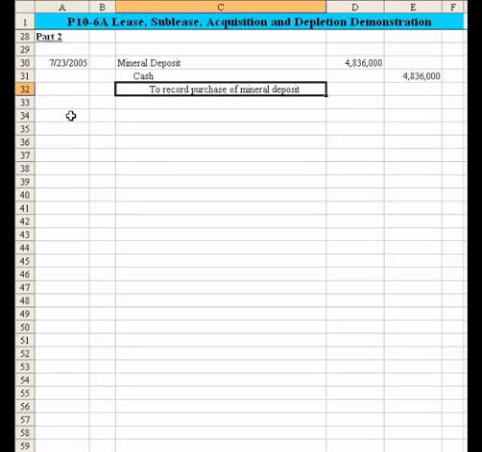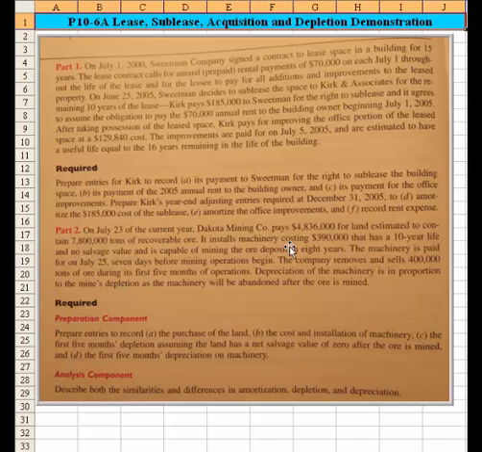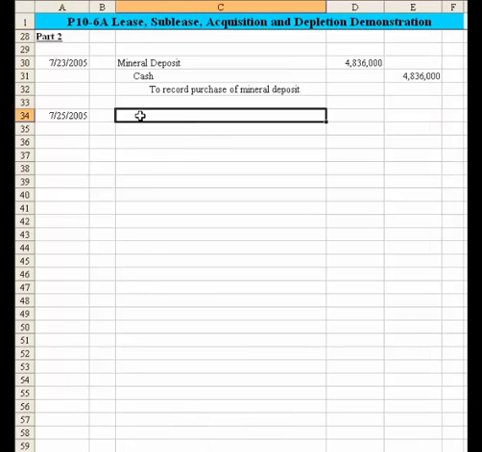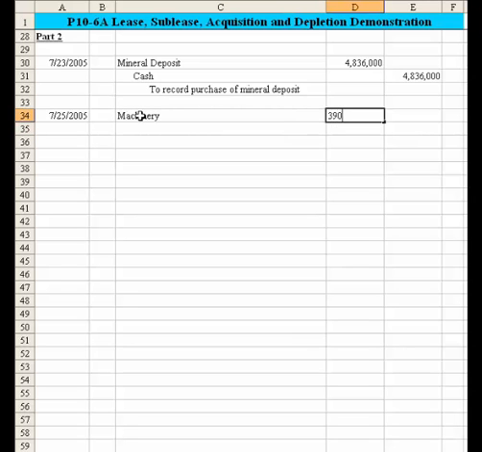Then on July 25th, we buy the machinery, which the problem said was $390,000. Let's go back and look at that. There it is. Machinery, $390,000 with a 10-year life and no salvage value. So let's debit an asset account, property, plant, and equipment called machinery for $390,000.